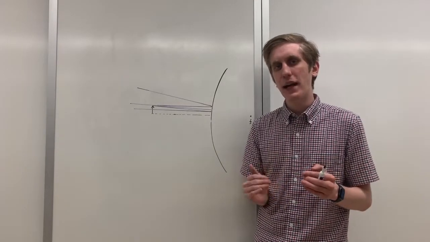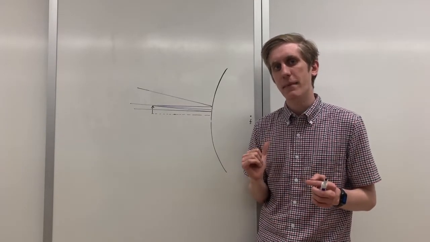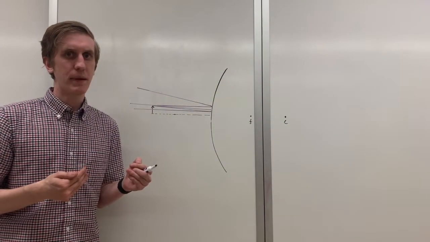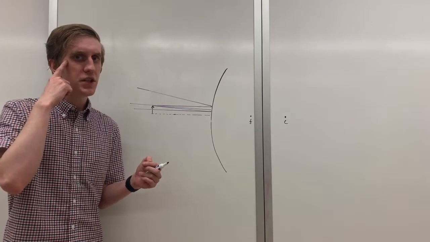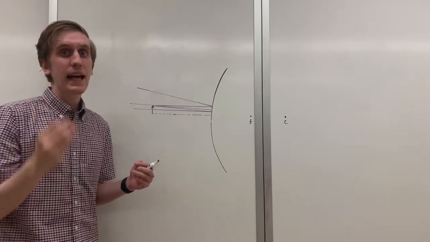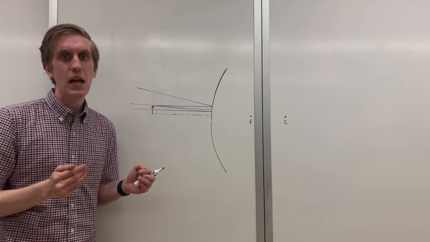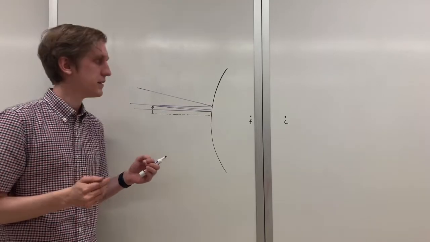Remember, these light rays are not actually traveling behind the mirror. However, if we were standing over here looking at the mirror, this is the location that our eyes would think that all these light rays were coming from, even if they weren't actually ever passing through that point.